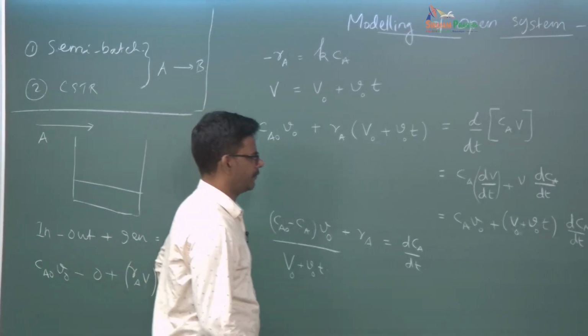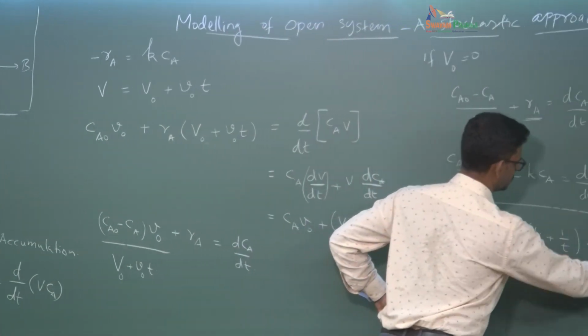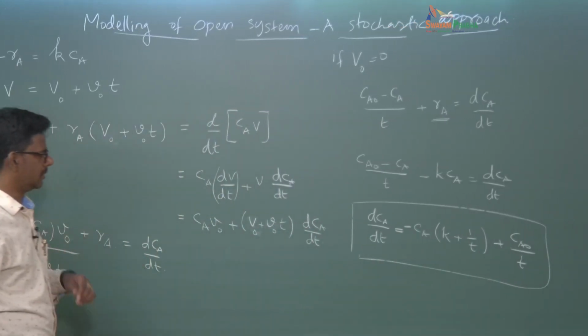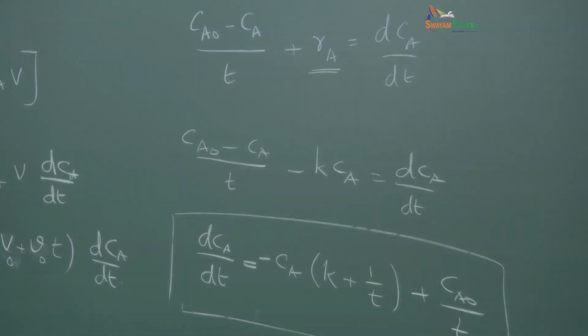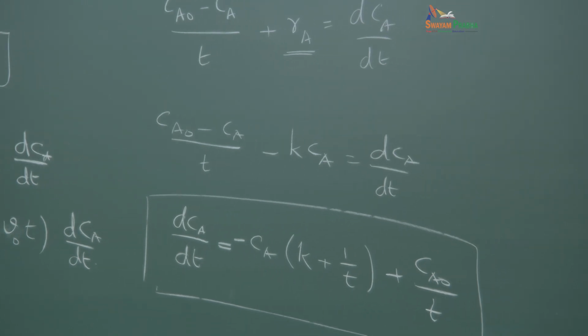So you will get a kind of a first order rate reaction equation that tells you how concentration of A will vary with respect to time.